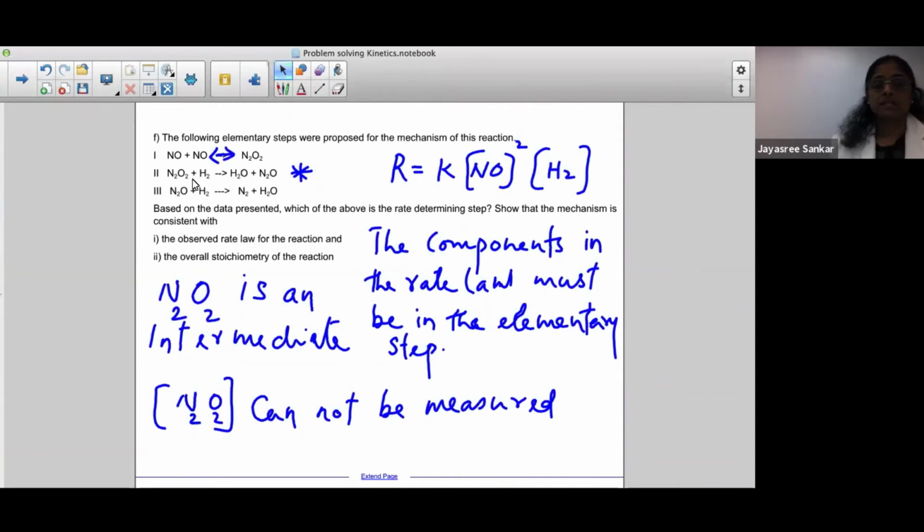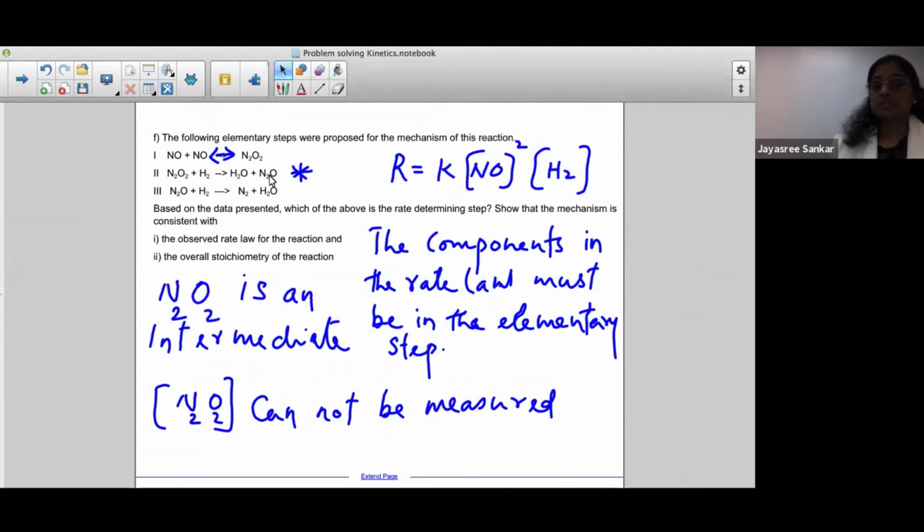In the second step, you have the hydrogen, but there is no NO. But you could replace this N2O2 from the first step. Okay, that I will explain in a minute after looking through the third step. In the third step, what you can see is N2O is again an intermediate, so you cannot have the concentration of it.